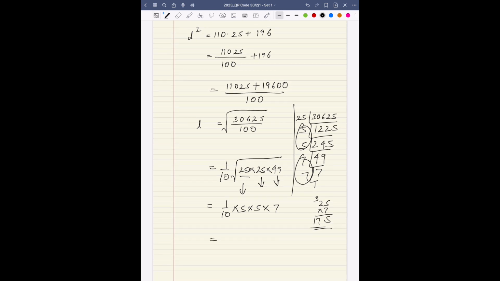That's how you guys can calculate. So 175 by 10 or 17.5 meters is your slant height. So L is equal to 17.5 meters. Okay, hope this is clear. Yes, you will have to work hard for this 1 mark.